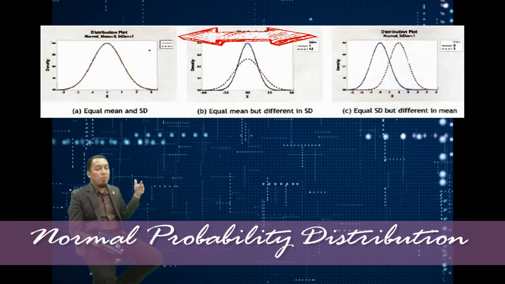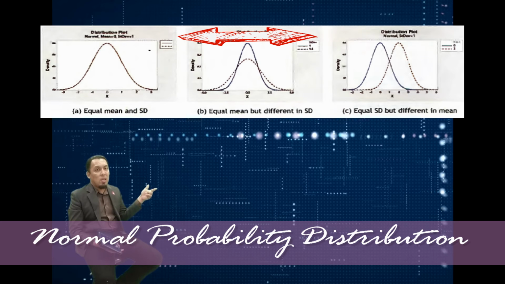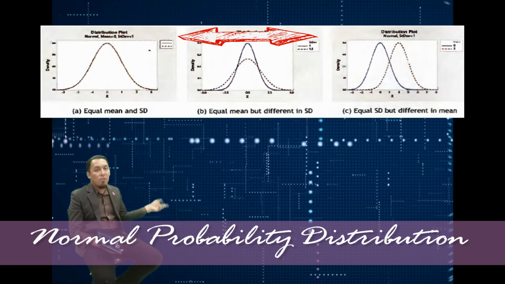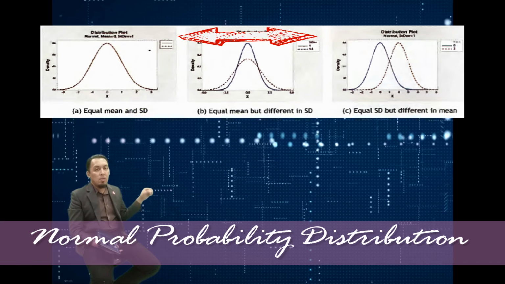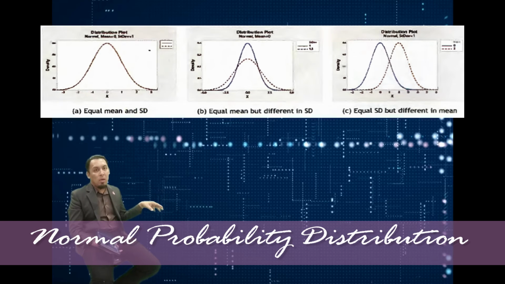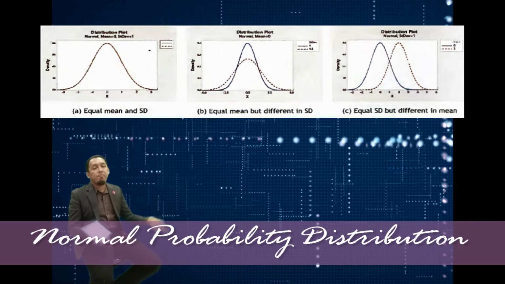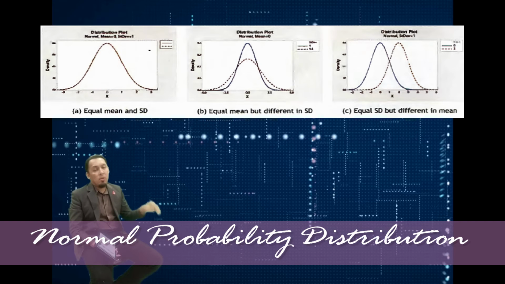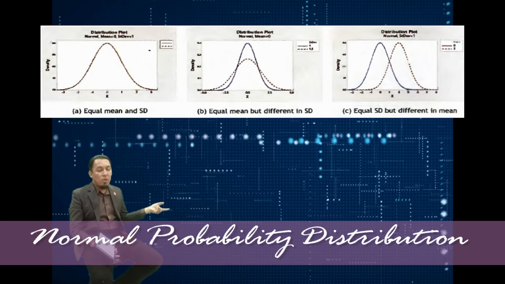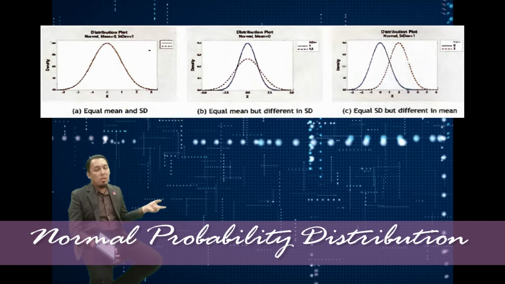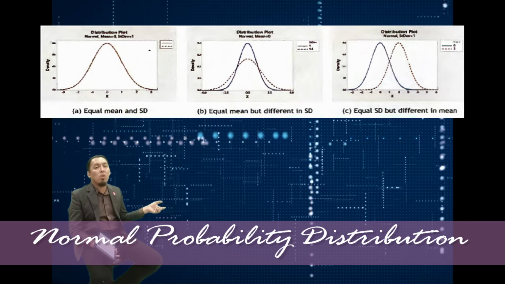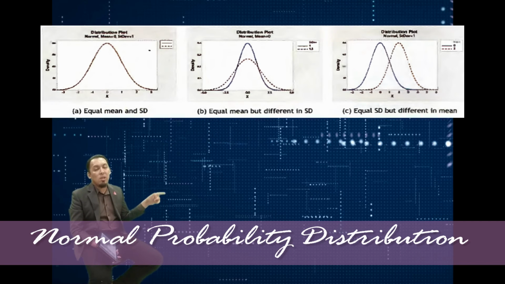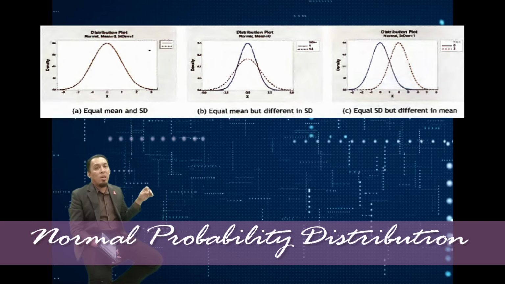So for the dotted line graph, the data has a large value of sigma because the spread is quite big. When the spread is big, the height comes down. For the other one, the value of sigma is small, hence small spread.